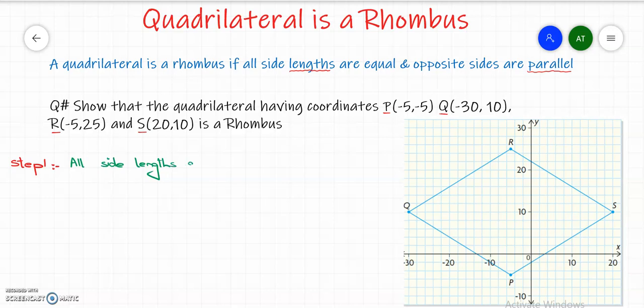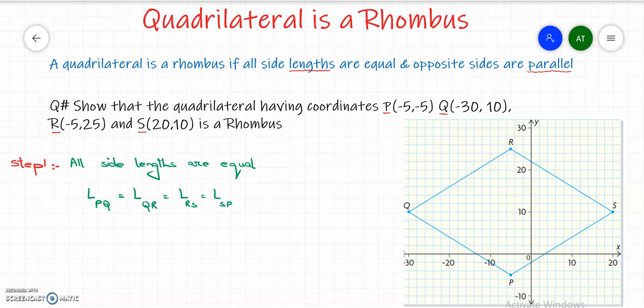Okay, now how do we calculate the side lengths, and what does it mean that side lengths are equal? So let's start with P. The length of side PQ must be equal to the length of side QR, that must be equal to the length of side RS, and that must be equal to the length of side SP, right?